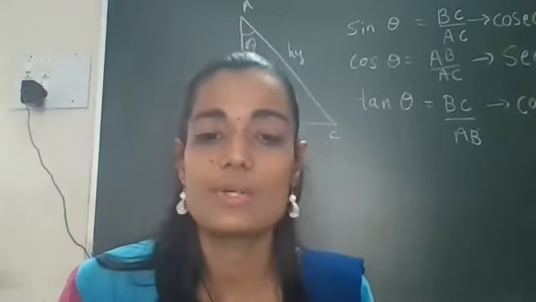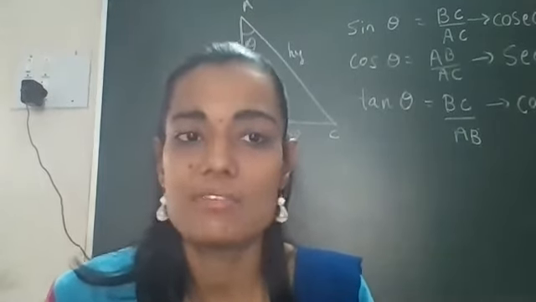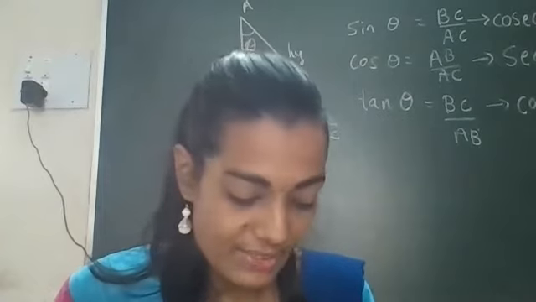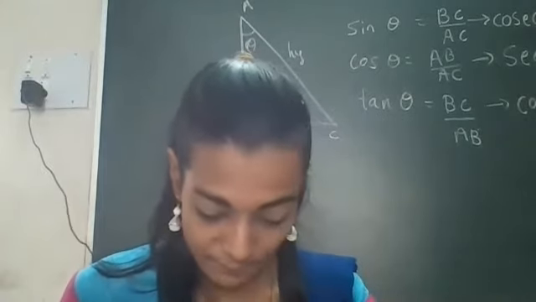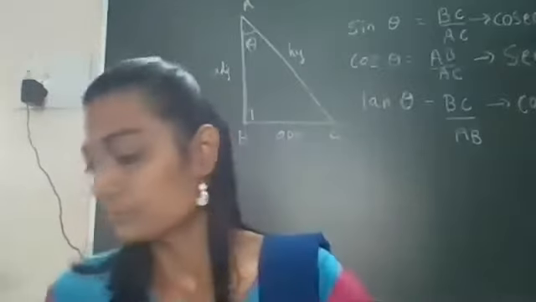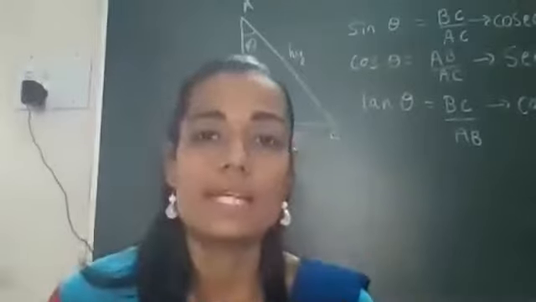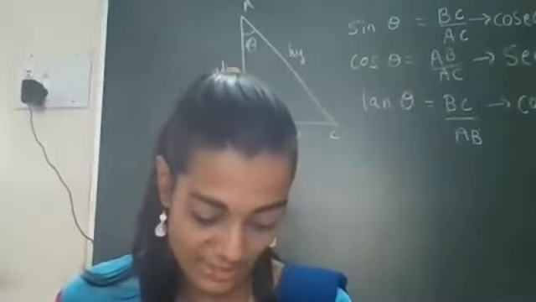Now students, we are going to take one example regarding this triangle and then we will find out the values. In the textbook, example 1 is given, and we will go directly to example 1.